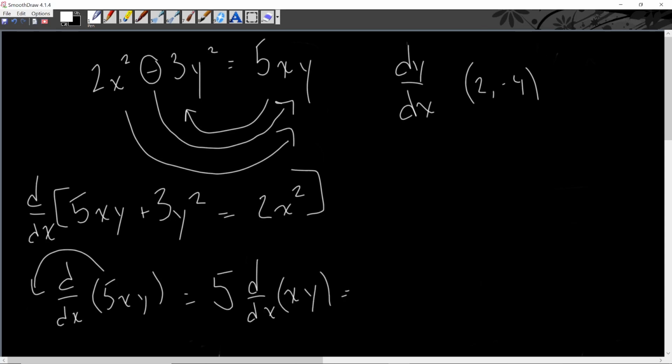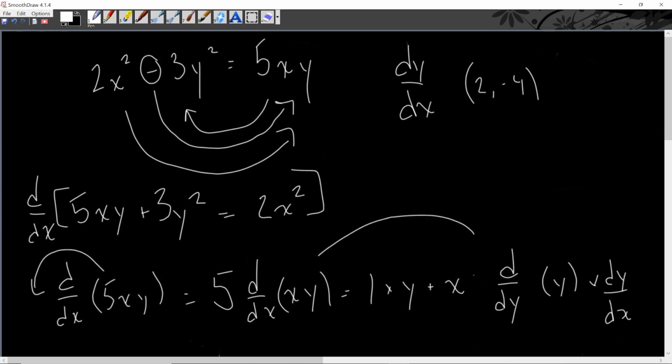And this is going to be x prime, which is 1 times y plus x times y prime, which is going to be 1 times dy dx. I'll write it one more time. But we have d dy of y times dy dx is the same as d dx of y. Alright?